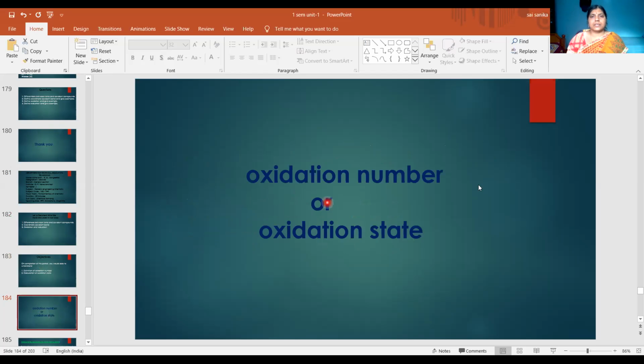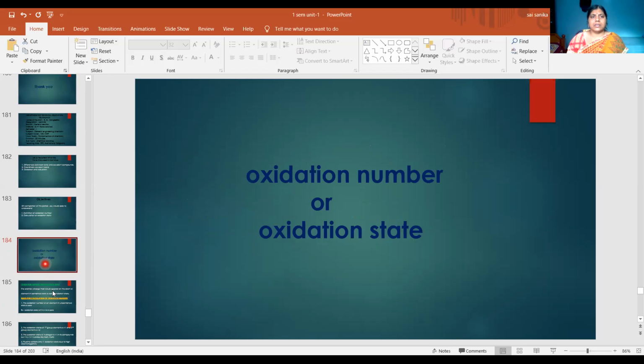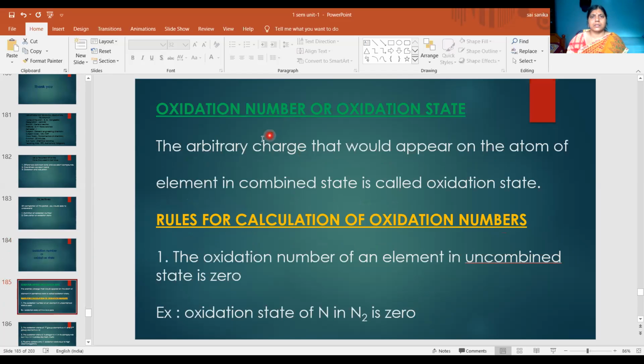First, oxidation number or oxidation state. What is an oxidation number? The arbitrary charge that would appear on the atom of an element in combined state is called oxidation state or oxidation number.